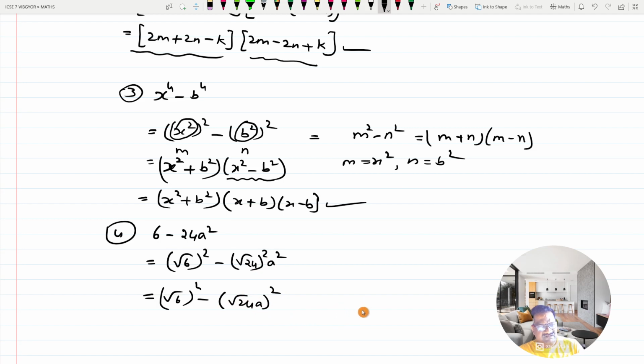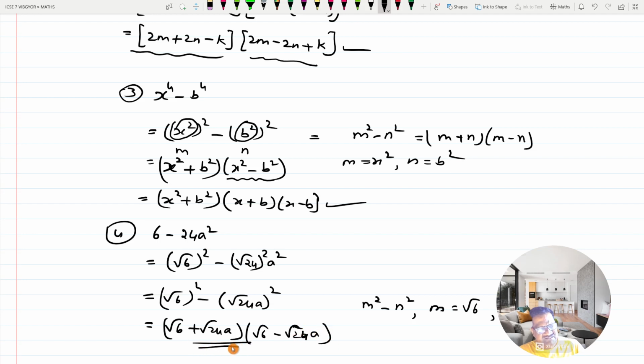So now this is of the form m square minus n square, where m is equal to root 6 and n is equal to root 24 times a, right? So m square minus n square can be written as m plus n into m minus n. So I will write root 6, that is m, plus n, which is root 24 times a, into root 6 minus root 24 times a.